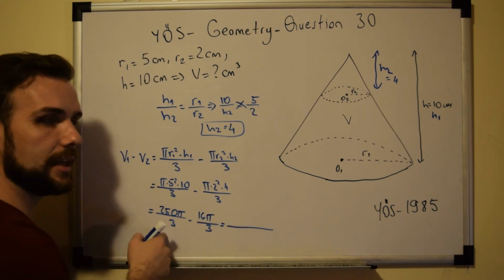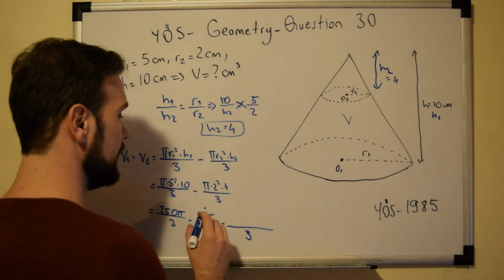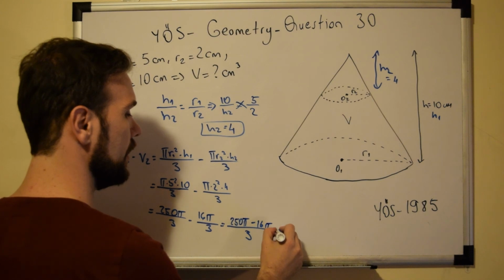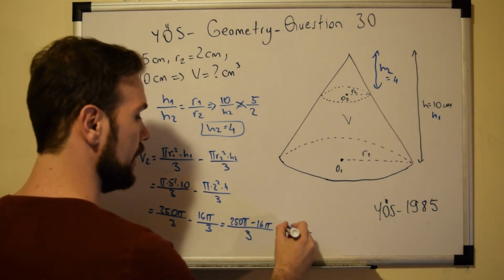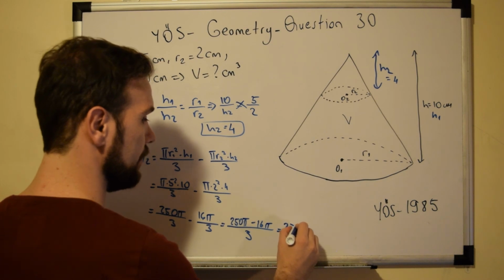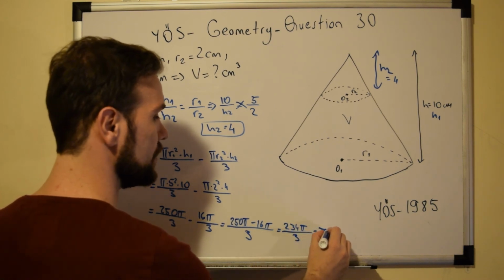So they have the same denominator, so we leave the 3. 250P minus 16P will be equal to 234P over 3, and that is equal to 78P.